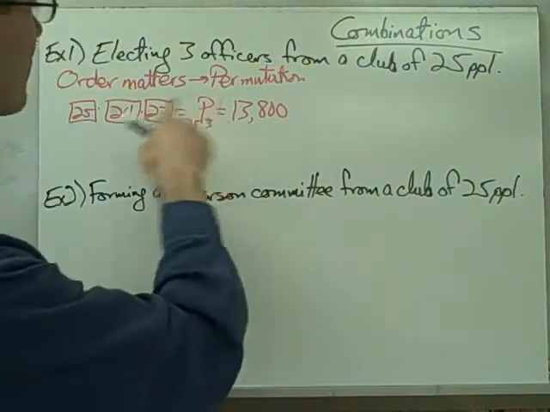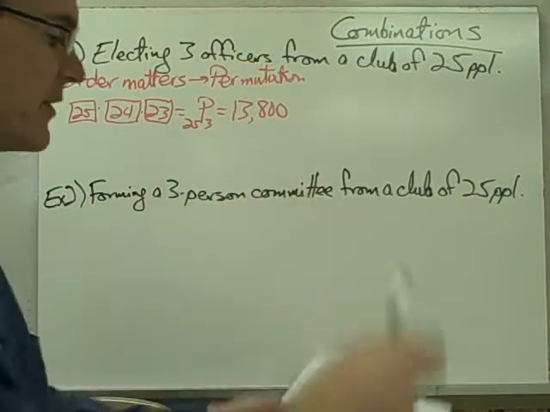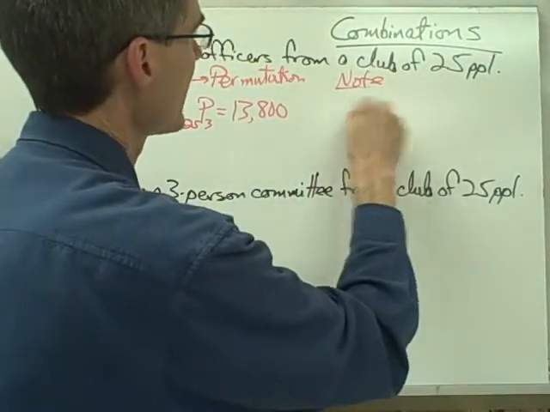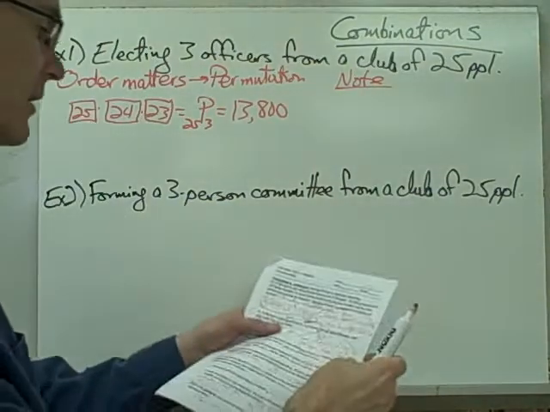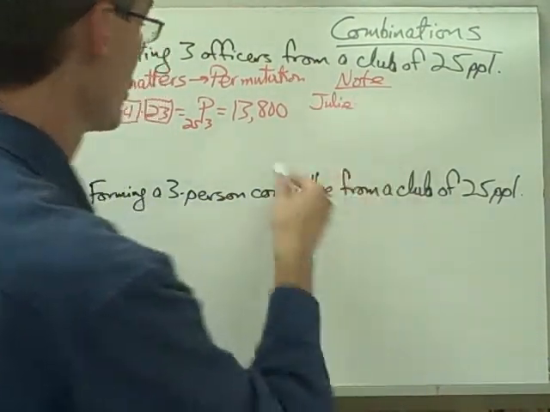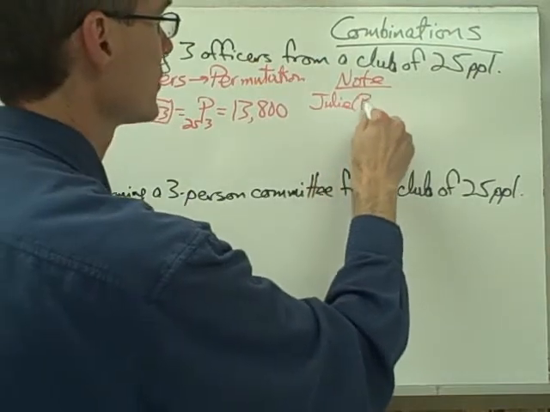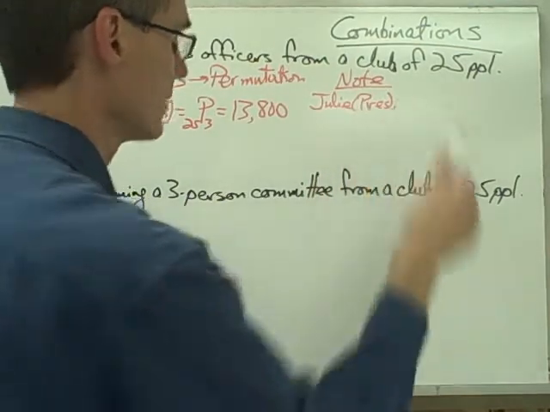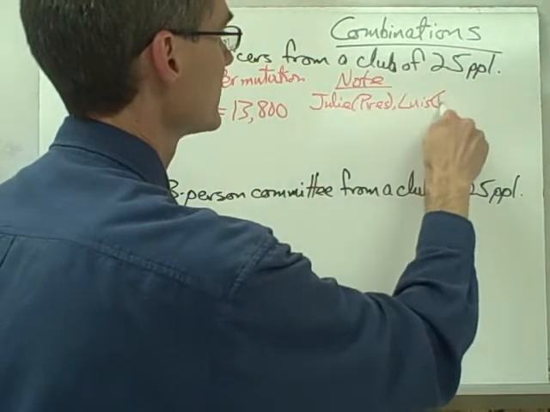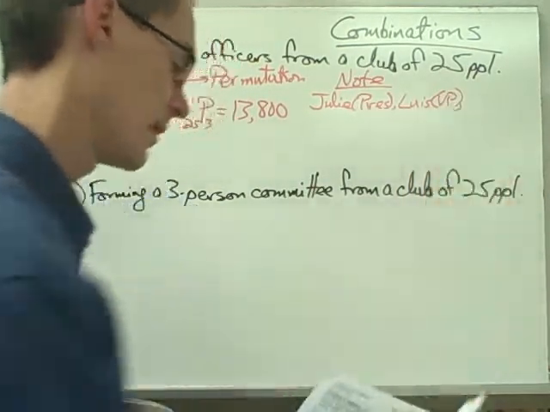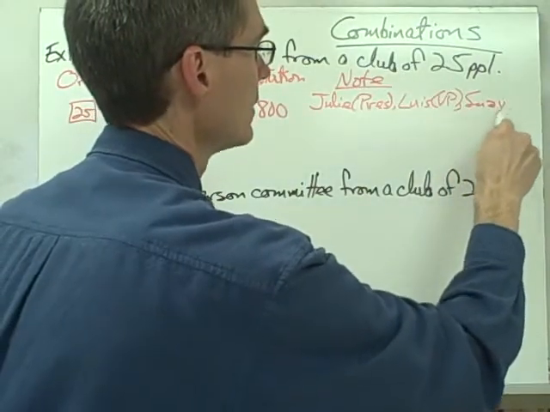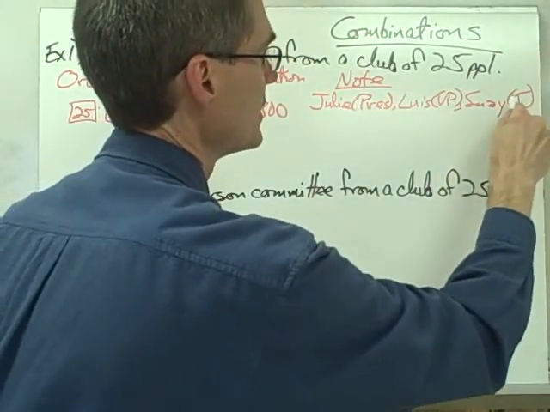So the thing that I want to note about this, however, is that, let's say I chose 3 people from my club. Let's say Julie was the one who was elected first, so Julie's the president, and Luis was elected second, so he's vice president, and say Susie was elected third, so she's the treasurer.